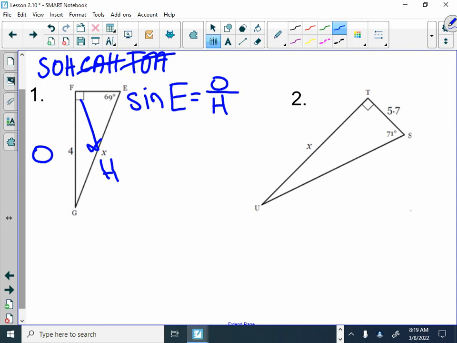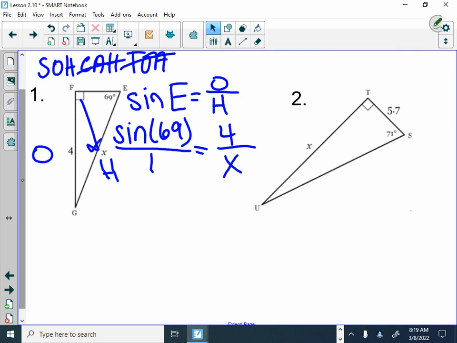So the sine of angle E, which is 69 degrees, equals my opposite, which is 4, over my hypotenuse, x. Lastly, cross multiply.